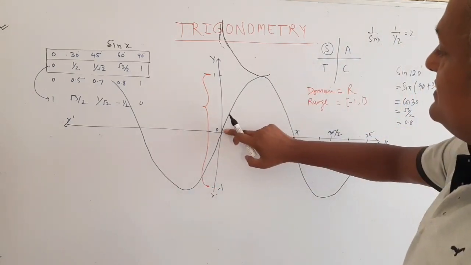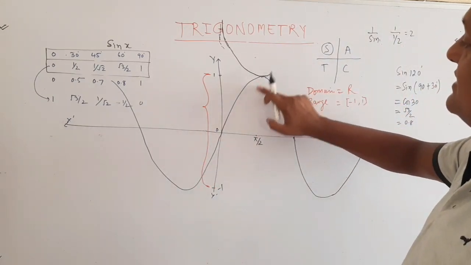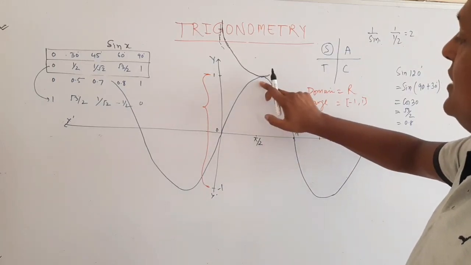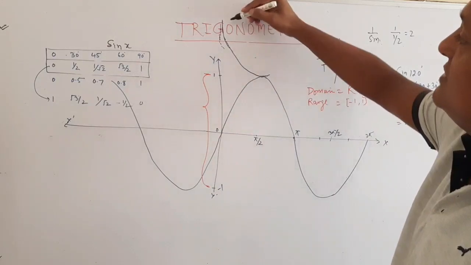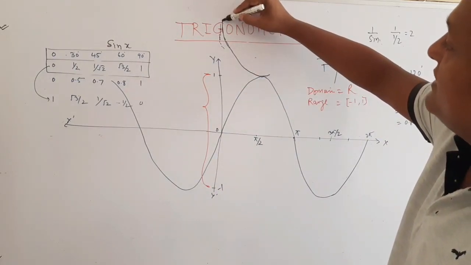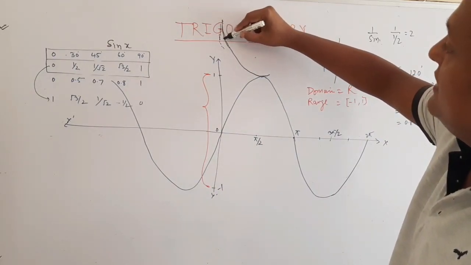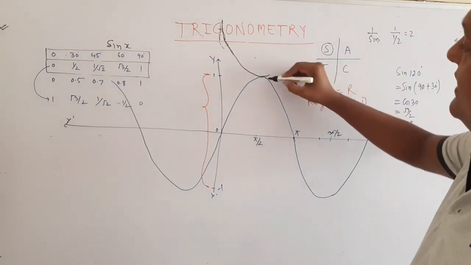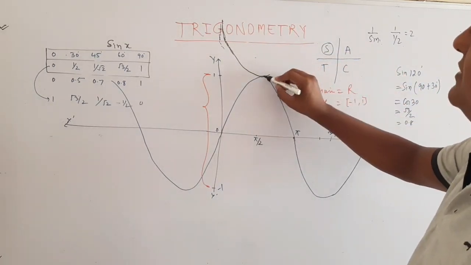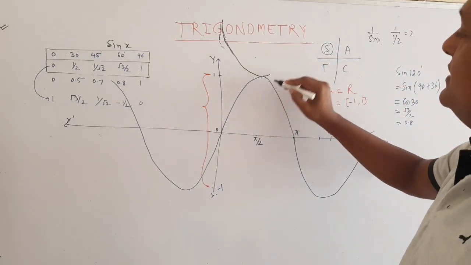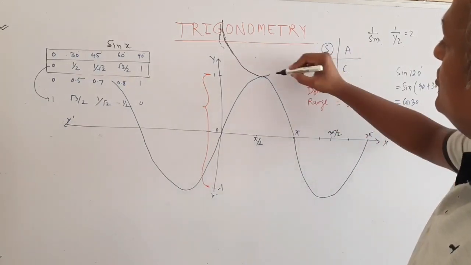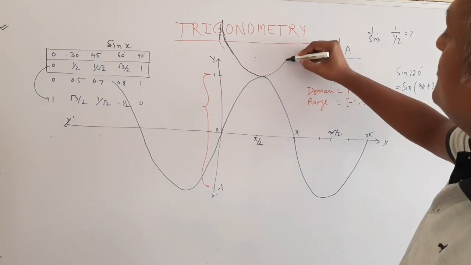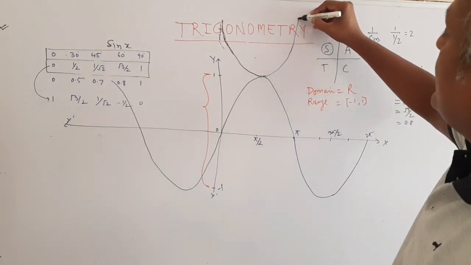Sine is increasing between 0 and pi by 2, and its reciprocal will be decreasing from infinity. 1 by 0 is infinity, so the graph is parallel to the y-axis, and from there it decreases until it reaches 1, because 1 by 1 is 1. Then from here sine decreases from 1 back to 0, so the cosec starts increasing again, and this becomes parallel.